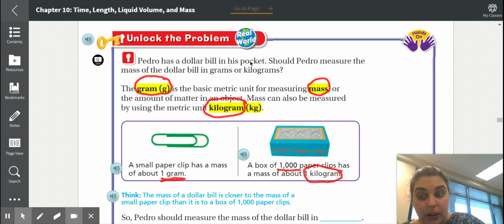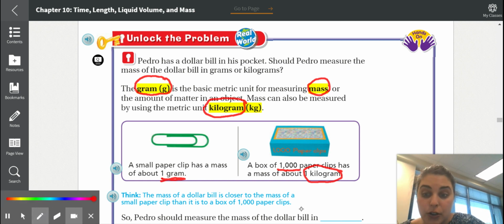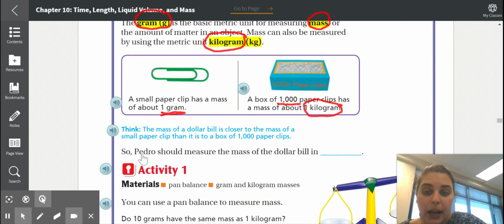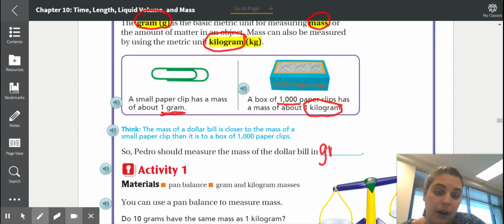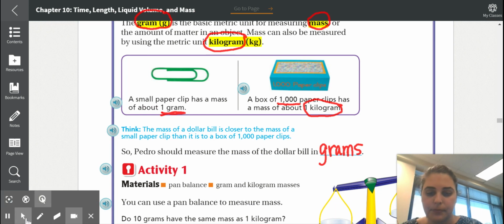If you're thinking paper clip, you're correct. So Pedro should measure the mass of the dollar bill using grams. Okay, because if he used kilograms, that's going to be too heavy and he won't be able to get the actual weight of the dollar bill.